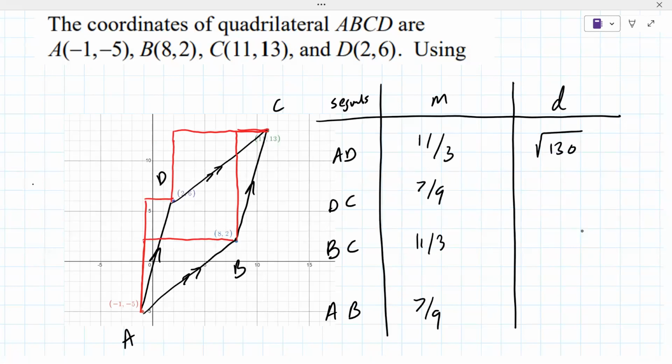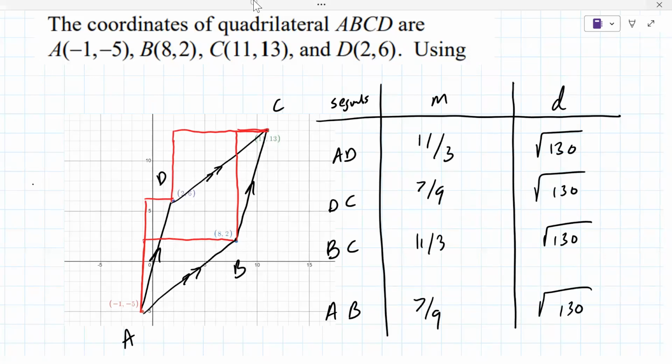Oh, shoot. 81 plus 49. 130. Yep. I was off. So D to C is also square root of 130. B to C has a square root of 130. It's the same as AD, same numbers. And this one's also. So this is different now.